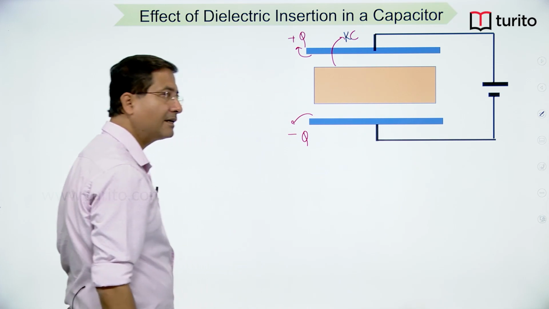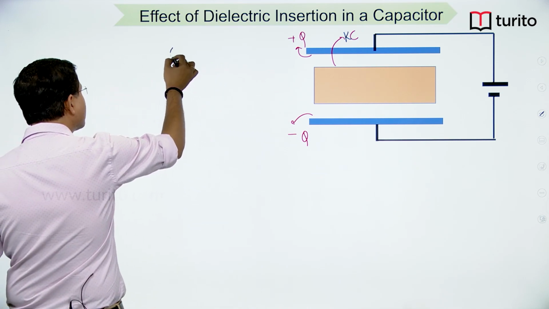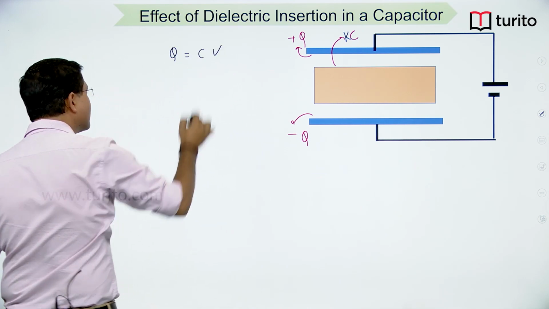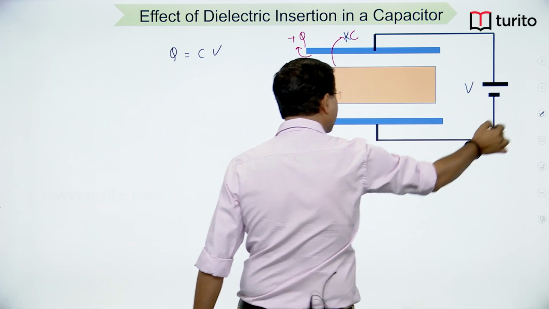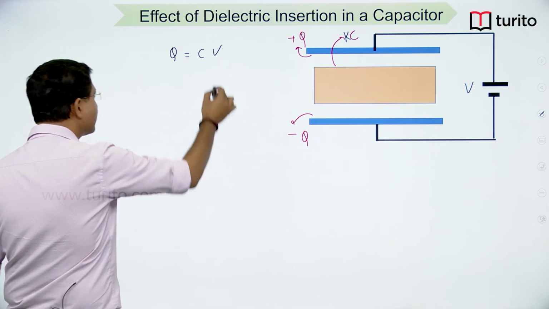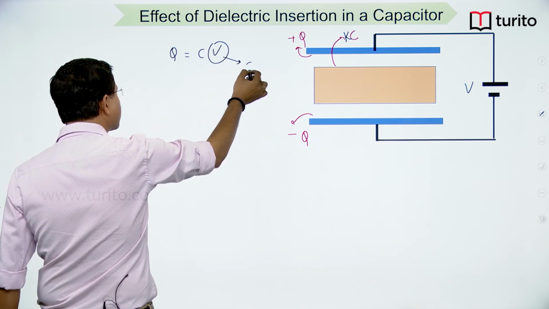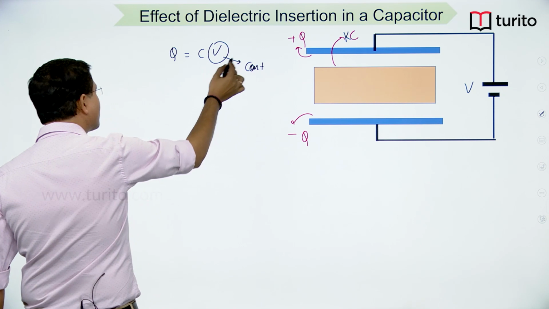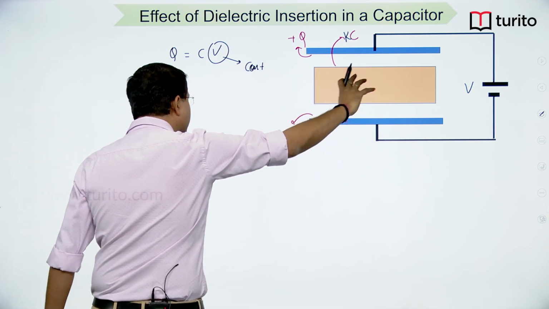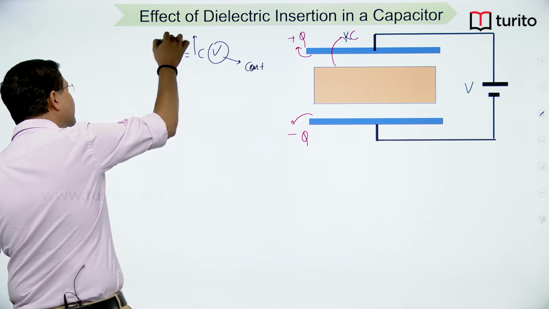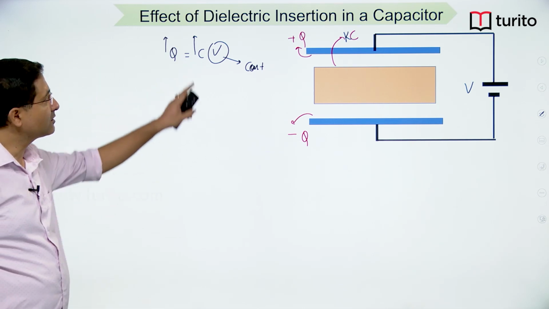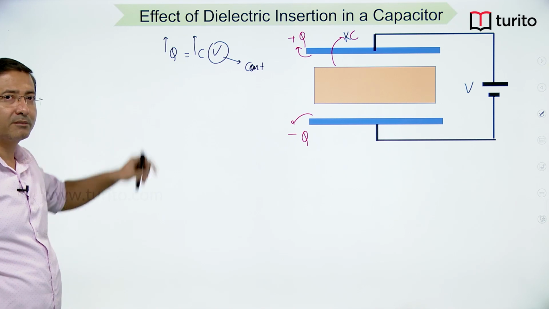If capacitance is K times, then we know Q is equal to CV. Here voltage is fixed, voltage is constant, right. So, if this quantity is constant and we are inserting the slab, if C increases, the Q must increase. If C is becoming K times, charge must become K times.